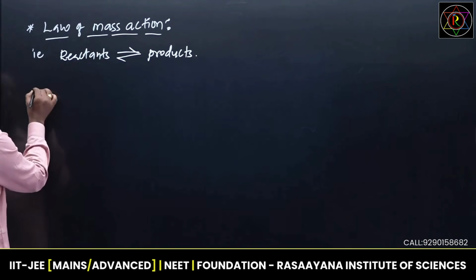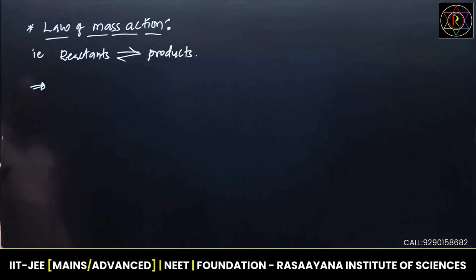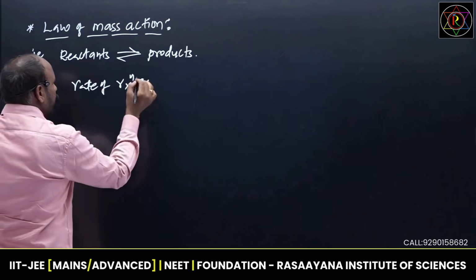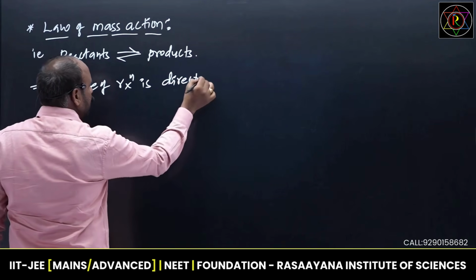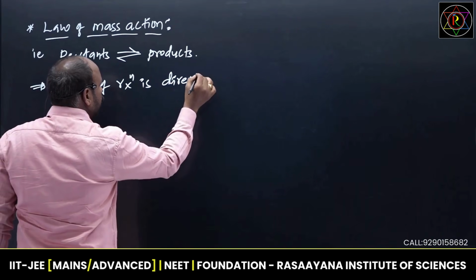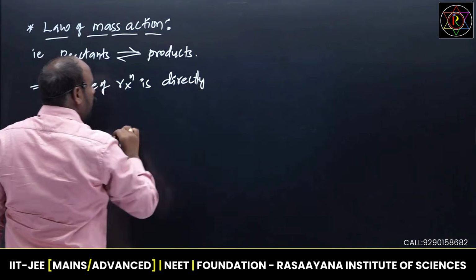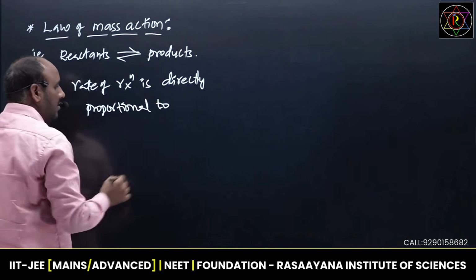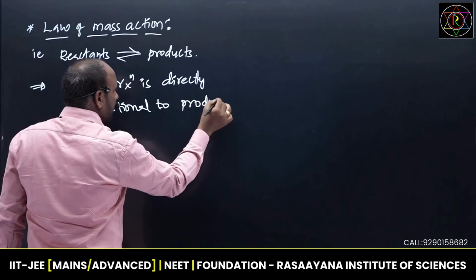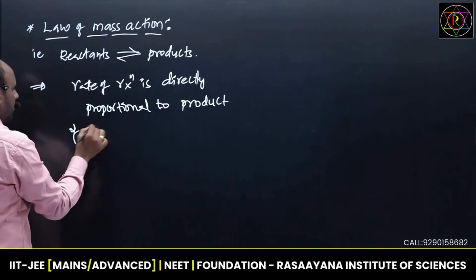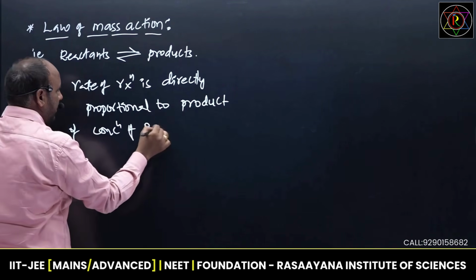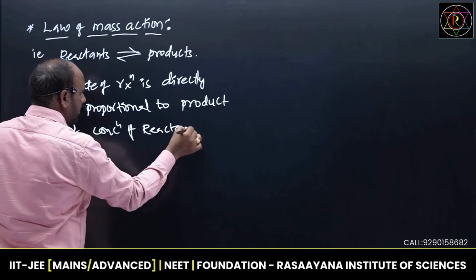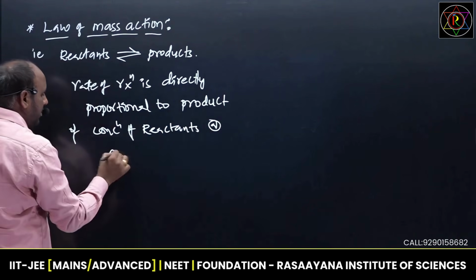What is meant by the law of mass action? The rate of reaction is directly proportional to the product of the concentration of reactants, or the active mass of reactants.